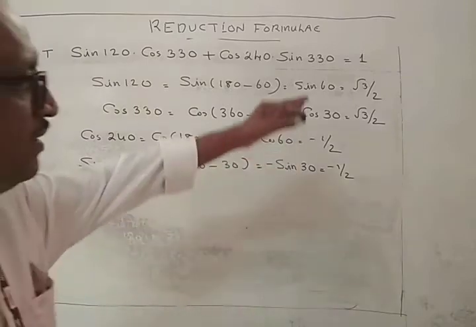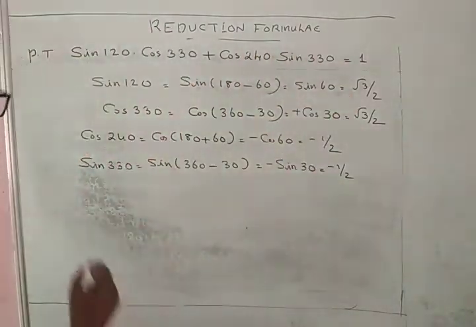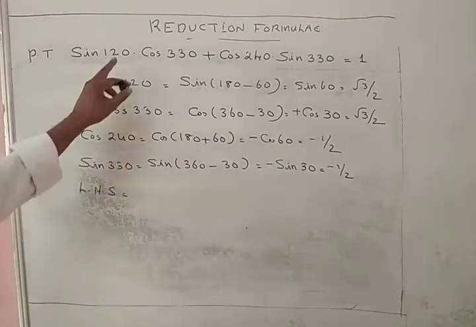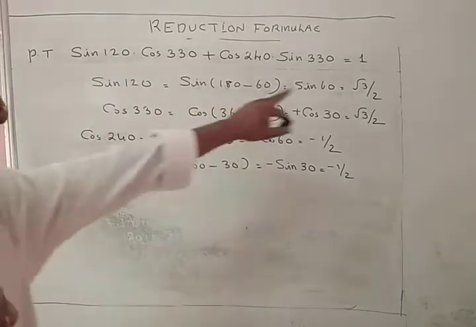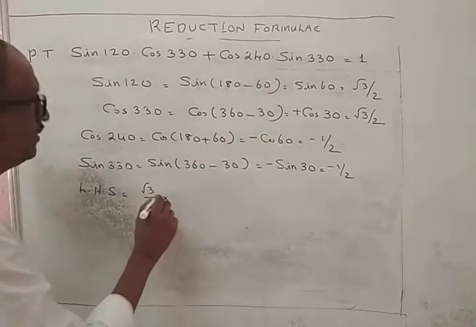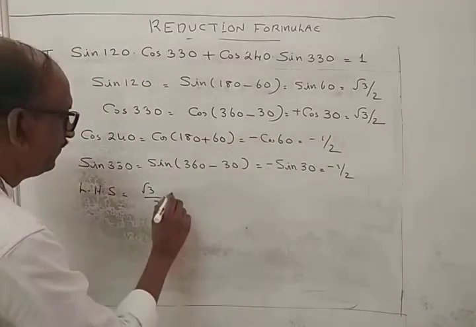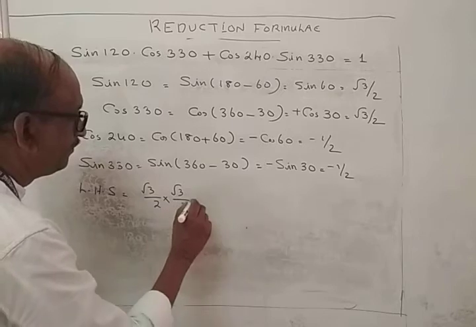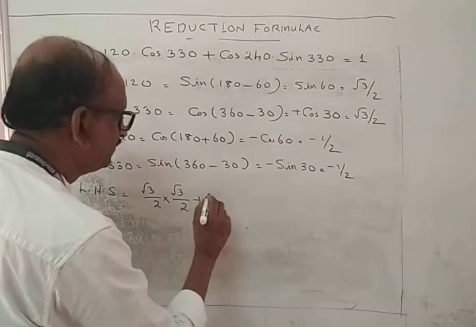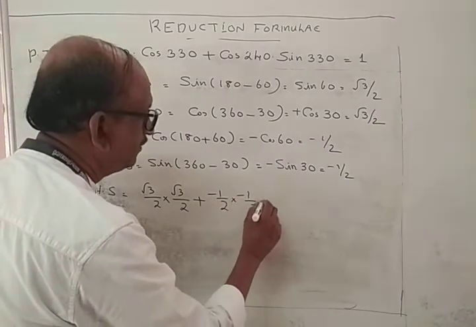Then substitute these four values in the left hand side of the expression. Replace sin 120 by root 3 by 2, into cos 330, which is root 3 by 2, plus cos 240, which is minus 1 by 2, into again minus 1 by 2.